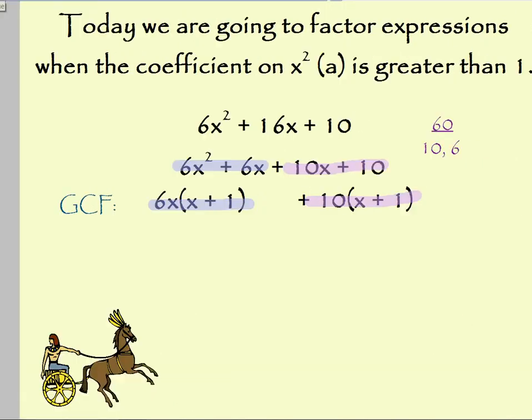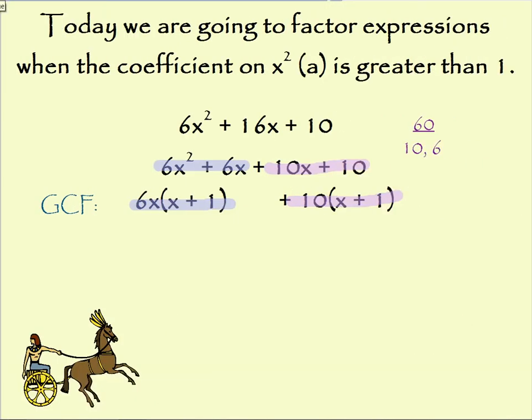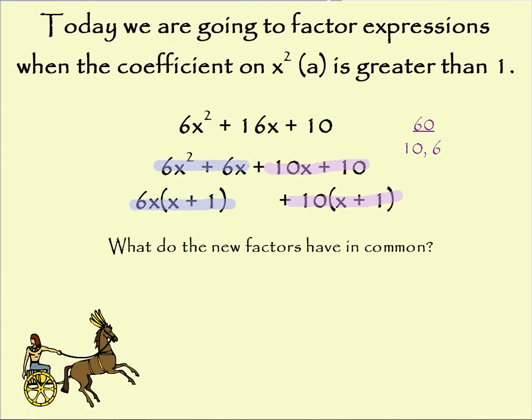I'm going to do the same thing to the second set of terms. 10x plus 10 share a 10 in common, so I'm going to pull out the 10. The first term I'm going to have an x left over, and in the last term, 10 divided by 10 leaves me with 1. If you look at these two factors now, the factors in blue and the factors in purple, what do they have in common?